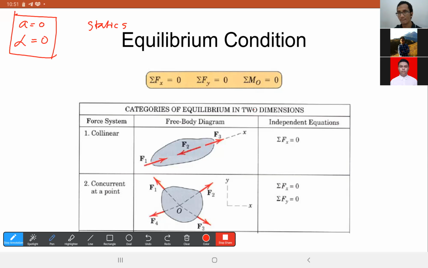Everything is in a stationary position, so you don't have to care about this. What you have to care about is that the original condition is a stationary condition. Then when equilibrium is happening, it will stay still. That's it. That's what you need to do about these basic concepts.